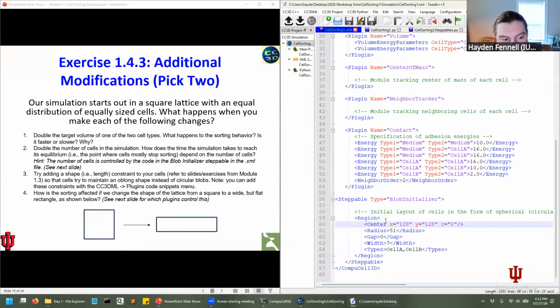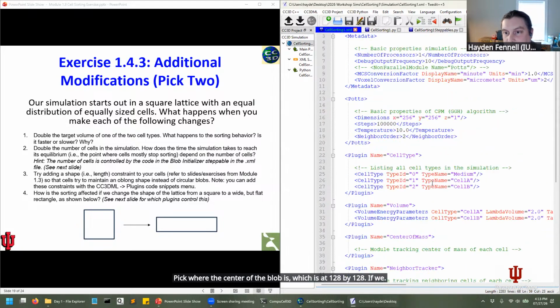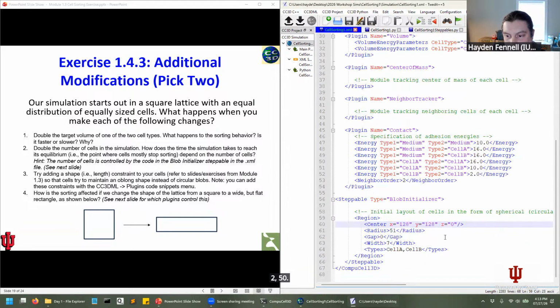What this is basically saying is, we pick where the center of the blob is, which is at 128 by 128 if we have a 256 squared lattice. And then it has a radius of 51 pixels, so it makes a circle of radius 51.